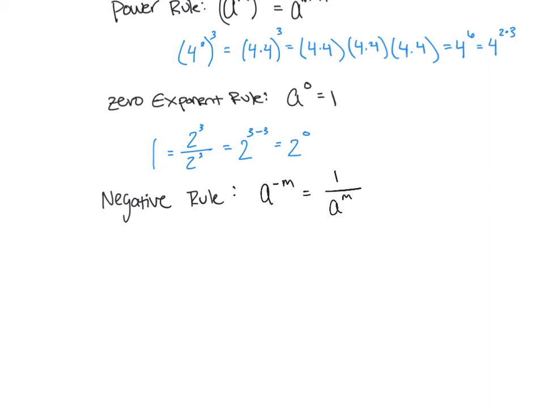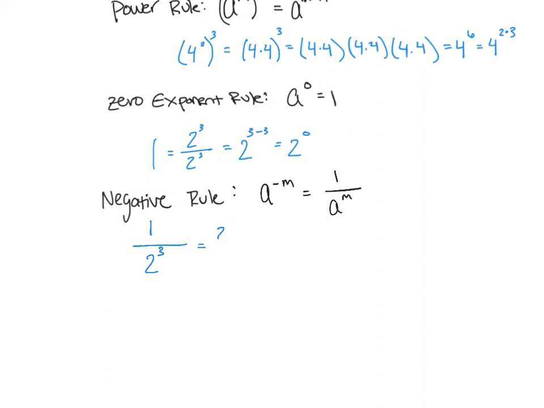So why is this true? Let's try an example. Let's do 1 over 2 to the 3. It's like our previous problem, except instead of 2 to the 3 in the numerator, we're just going to have a 1. Well, we know that anything to the power of 0 is the same as 1.